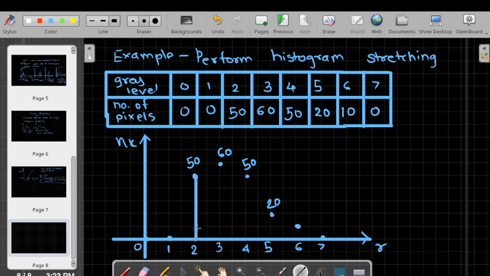So this is our original histogram. If we observe it, for gray levels 0, 1 and 7 there are no pixels available in the image. So we have to stretch this histogram in such a way that the image has all the gray levels from 0 to 7.